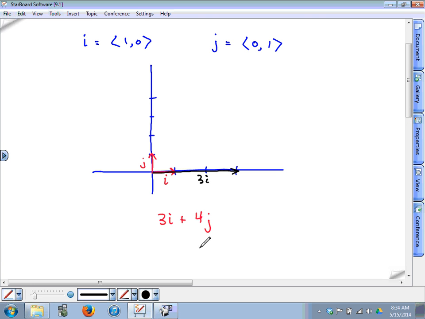Now, similarly, 4j would just be a vector in the same direction as j, just 4 times as long. So now do that. So now we have 4j. Oh, these distances aren't the same. My scale's a bit off. Anyway, that's all right. I know, it looks kind of like the same. It shouldn't be. Do you remember, look at the beginning part of your notes. Take a look at the parallelogram method that I showed you. How do you add 2 vectors using the parallelogram method?